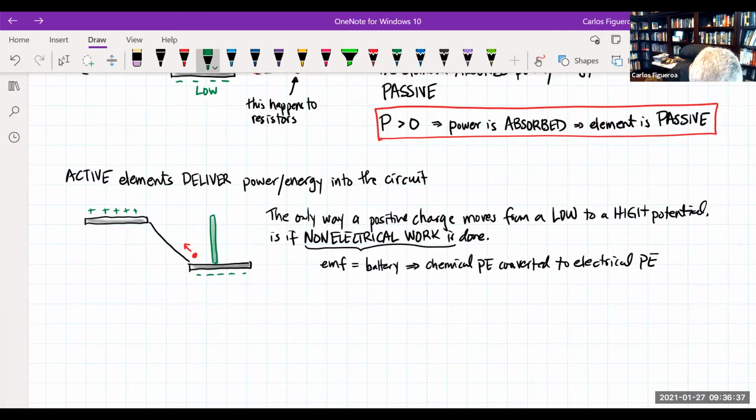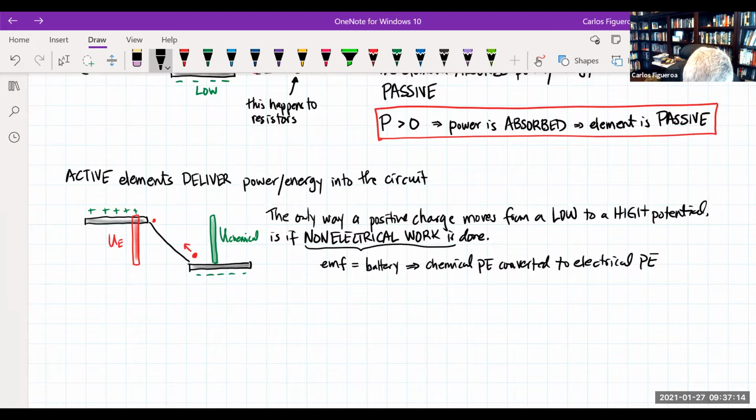So if I was to write this, here is my chemical potential. And what happens to the charge when it gets up here? Well, it has now gained some type of electrical potential. So in other words, you're adding energy to the circuit. So if you're adding energy to the circuit, you're increasing the potential energy of this charge.